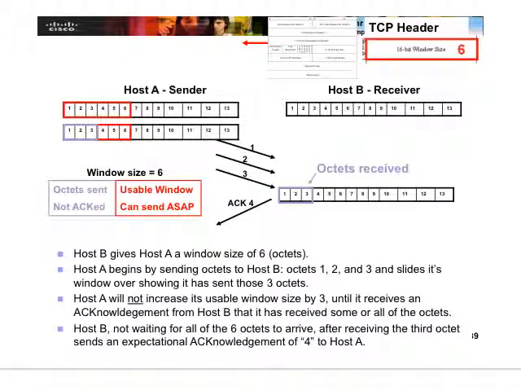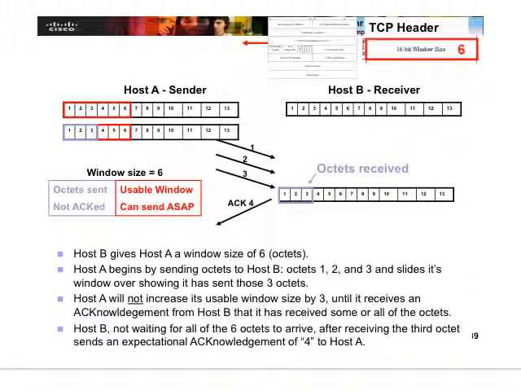So that's a graphical explanation for this. The window size is 6, which means, just assuming that we can send 1 byte at a time, that I can have 6 bytes. So I start to send the bytes one by one.